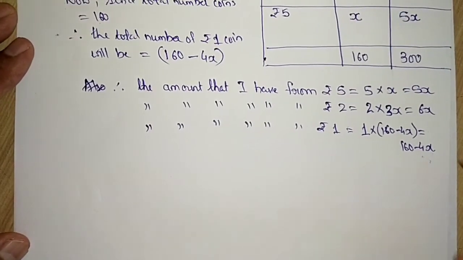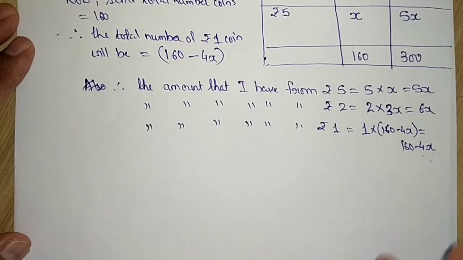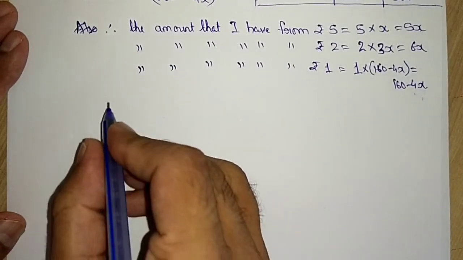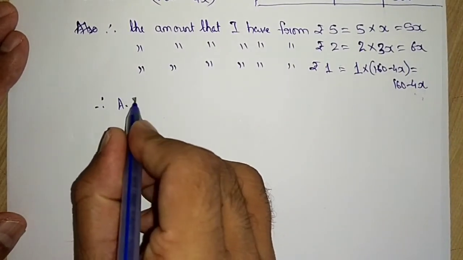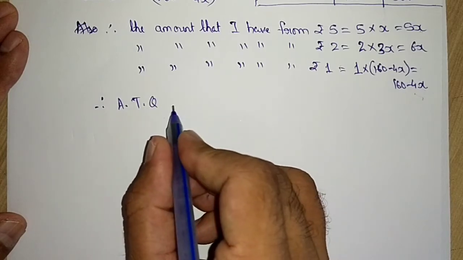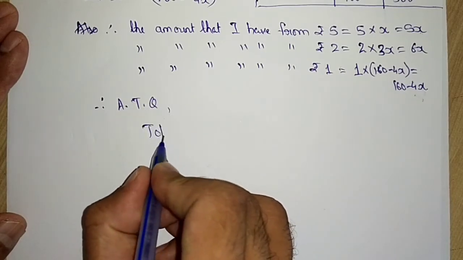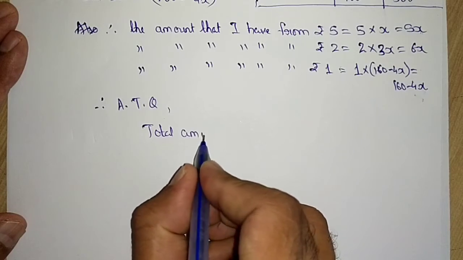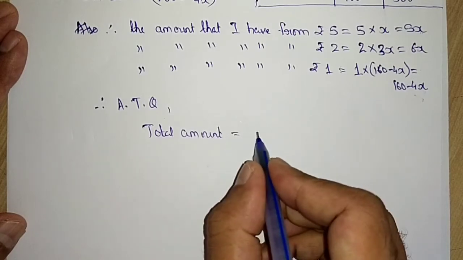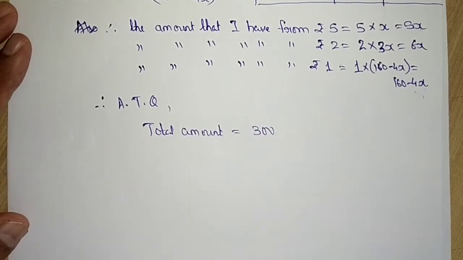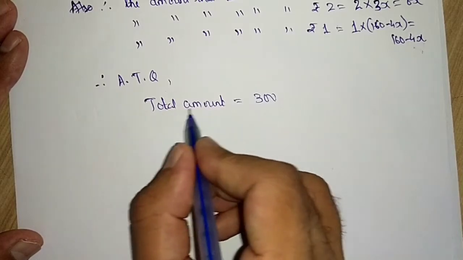Now students, if I do the addition of these 3 amounts, I will get the total amount, right? So I will write, therefore, according to the question, total amount is equal to 300. And how did we get this total amount?